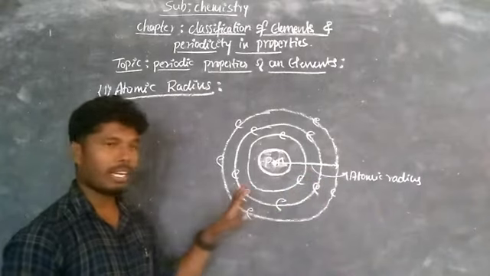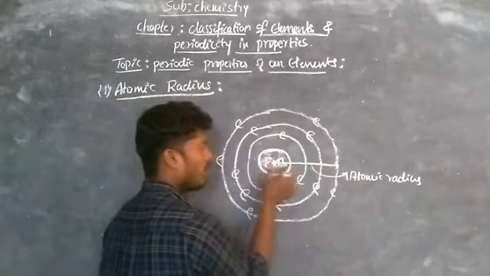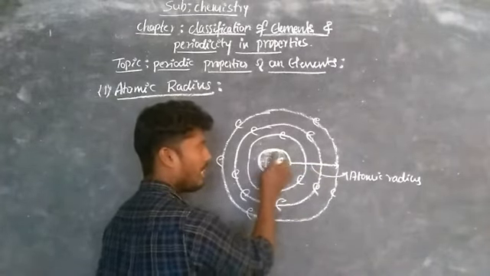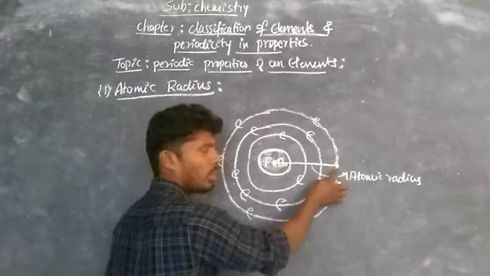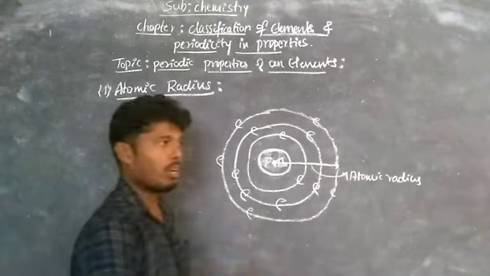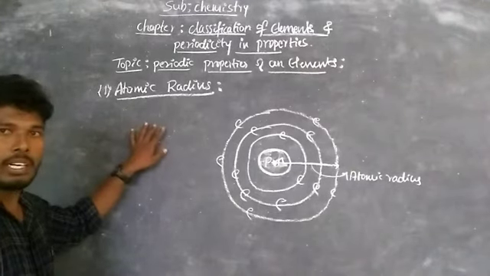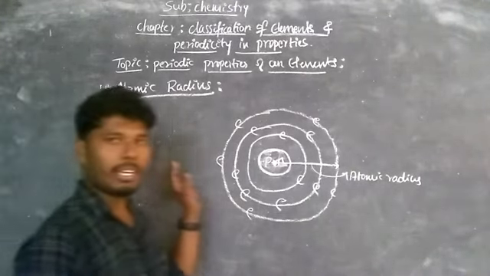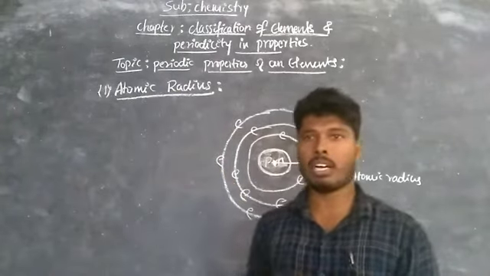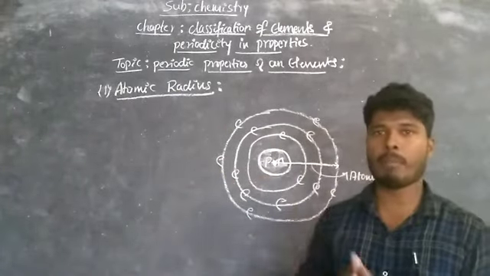Okay, atomic radius is the distance from the center of the nucleus to the outermost shell of electrons. Now this atomic radius is not a constant. It changes from place to place.